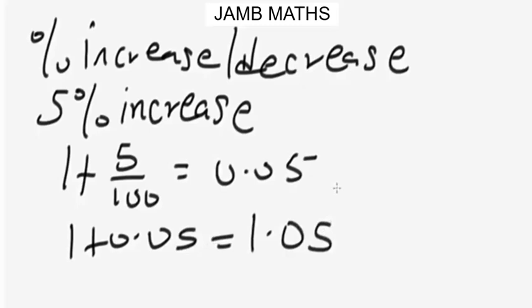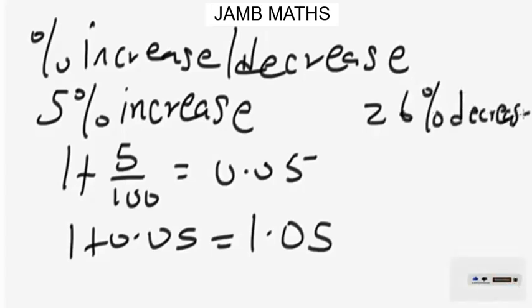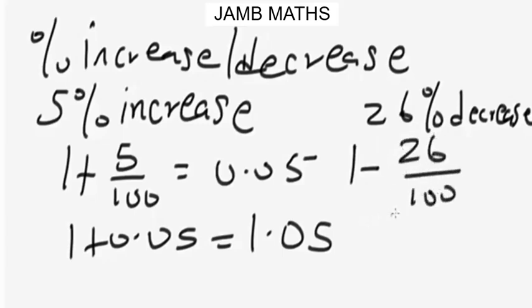Now what if we have something like a 26% decrease in the question? Firstly, find the multiplier. Let's agree the multiplier there is 1. So a 26% decrease of that multiplier will be 1 minus, because we are talking about a decrease now, 26 over 100. 26 over 100 will give us 0.26.